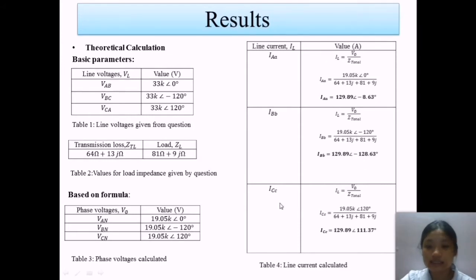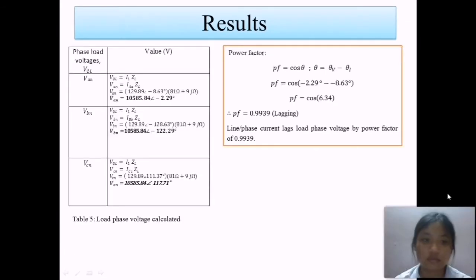And ICC also uses this formula, 19.05k with angle of 120 divided by 64 plus 30j plus 81 plus 9j, which equals 129.89 with angle of 111.37. And this is the table of line currents.